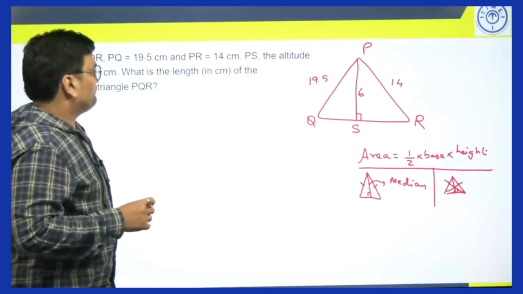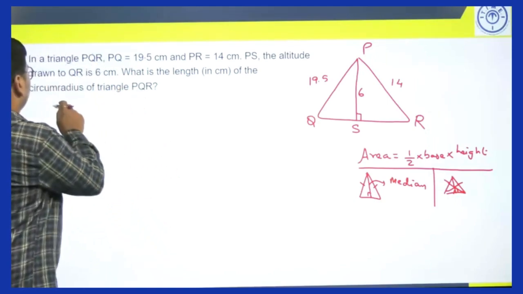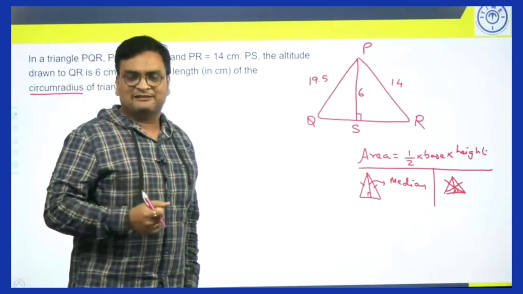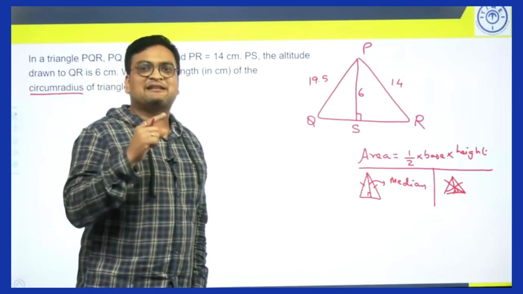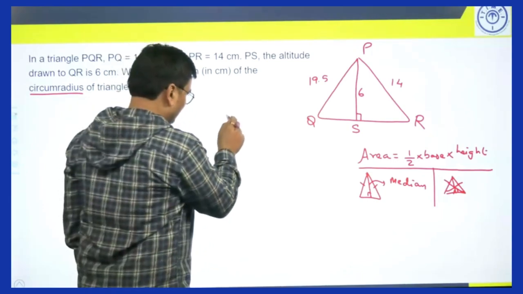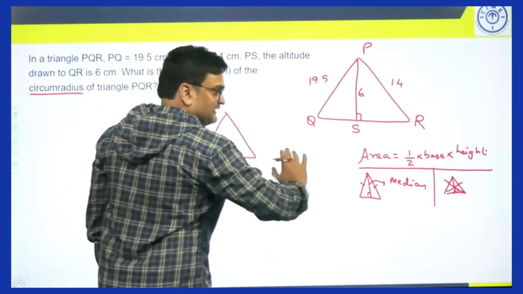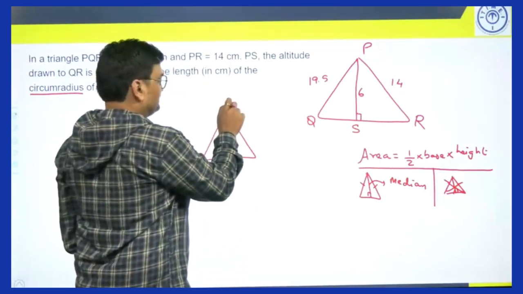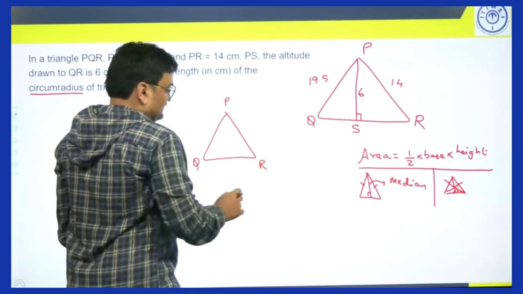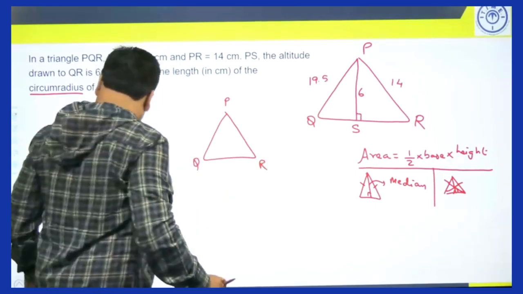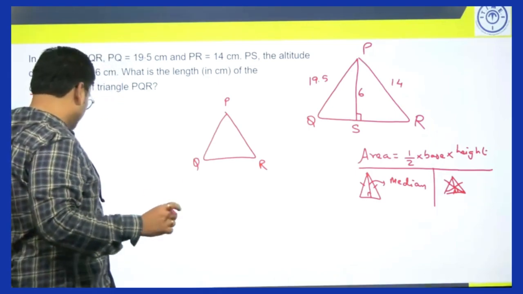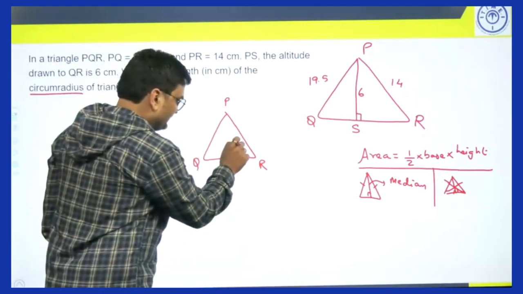One more point is, what do we mean by circumradius? Circumradius is the radius of the circumcircle. What do we mean by circumcircle? You may note it down. If I take a triangle like PQR, and consider a point which is at equal distance from the vertices P, Q and R, so let us say the point is something like this.